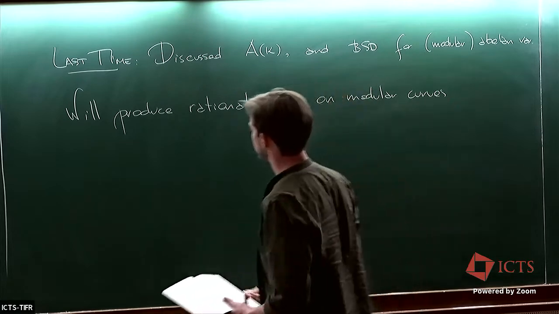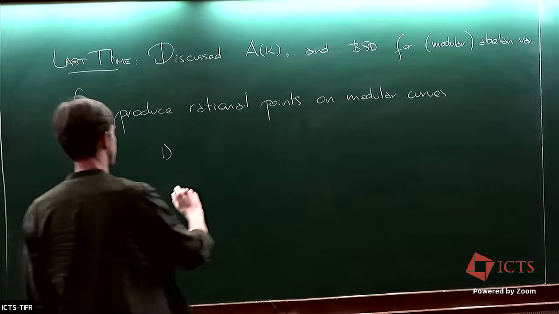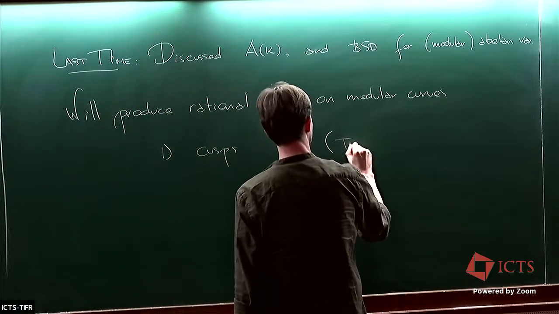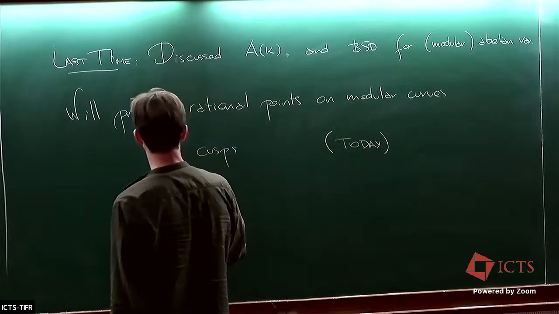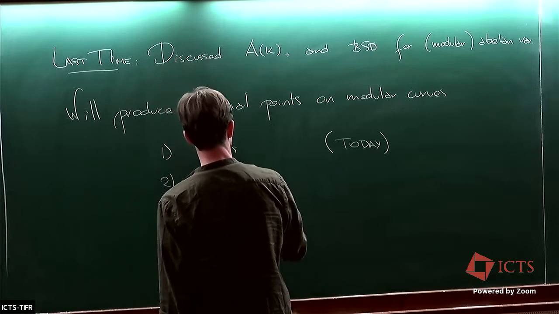And recall that we had two main sources of rational points, the first being provided by the cusps, which is really the subject of today's lecture. And the second, which will be discussed later in this course, is the theory of complex multiplication.